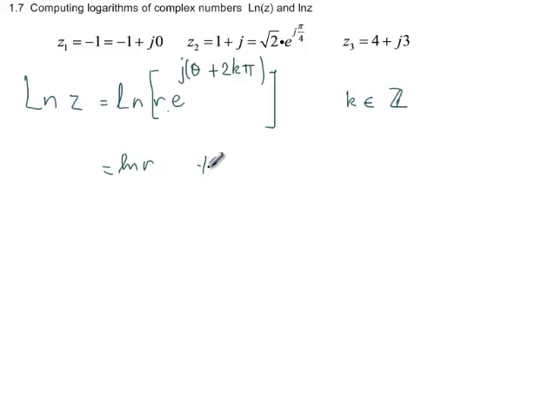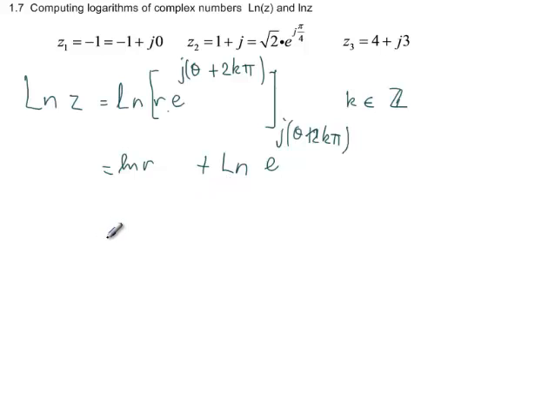Plus, this is a complex number, and that is infinite numbers. I'm going to write it like this. But the rules of logarithm, they still apply here.